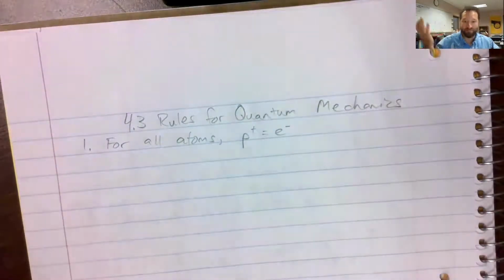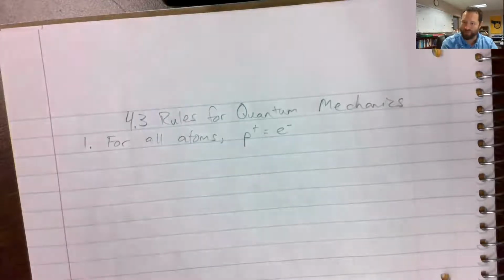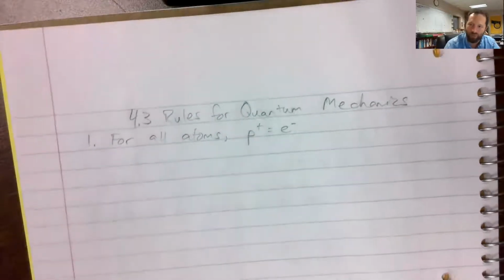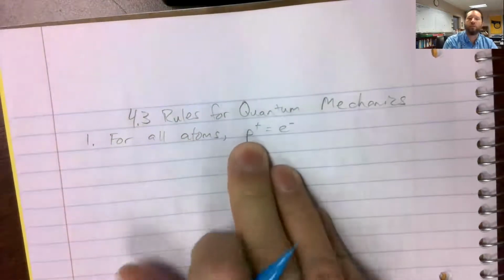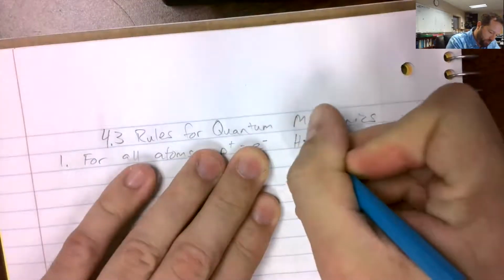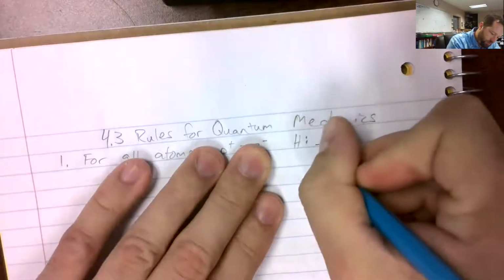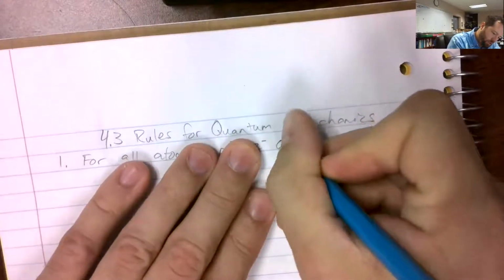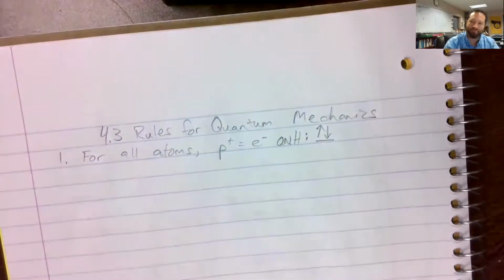The first rule is protons equal electrons. We're working with atoms generally. Every once in a while, you might have an ion in there, but we'll cover those a little bit later. All atoms have an equal number of protons and electrons. So as an example here, hydrogen, maybe we did the orbital notation, and we'll put 2 electrons there.